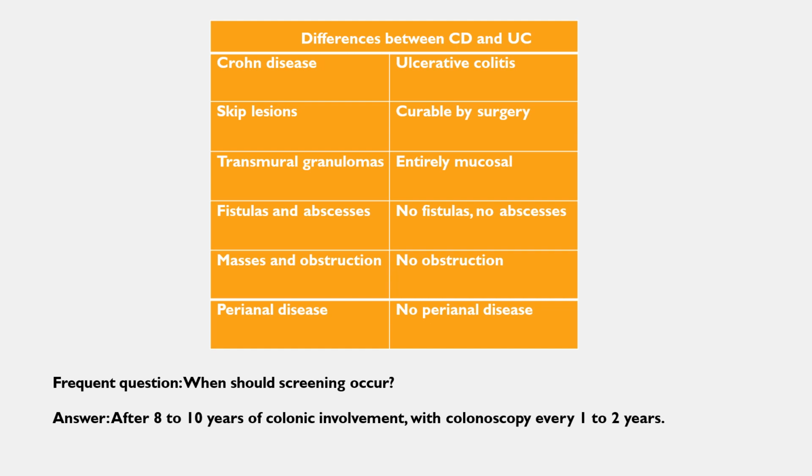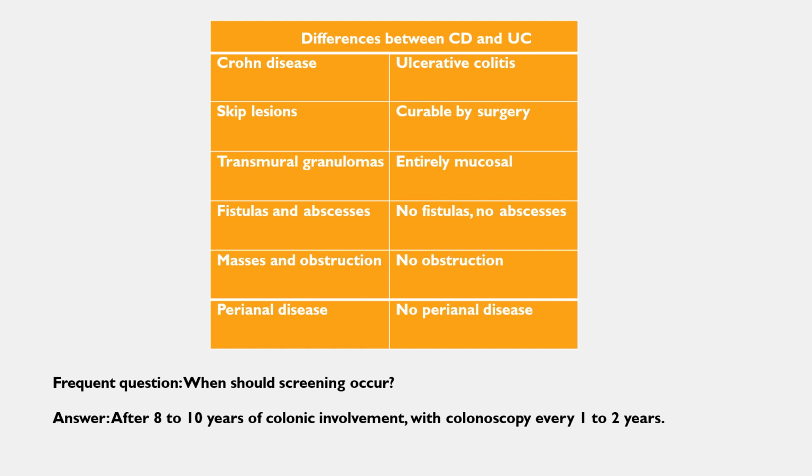Crohn's disease, you have 5 very important features. There is skip lesions, there is transmural granulomas, there is fistulas and abscesses, there is masses and obstructions, and there is a perianal disease.